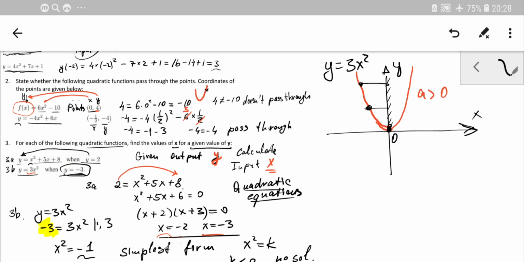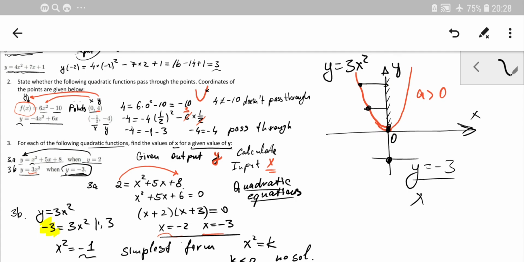So the minimum point is at the vertex, and it's not going to be lower than 0. So y equals -3 is here, so there is no point on the graph. That's why no single value of x can deliver y equals -3. So for x, there are no solutions for that.